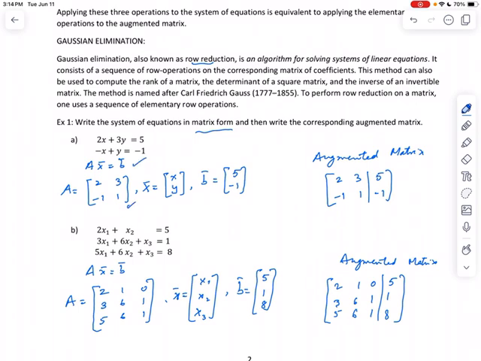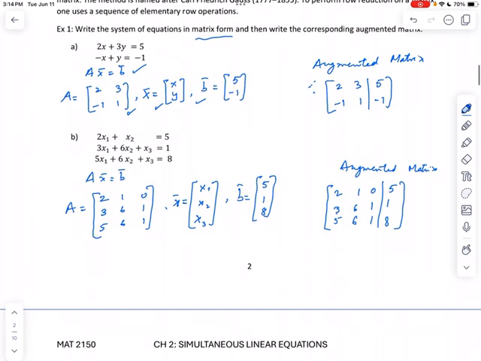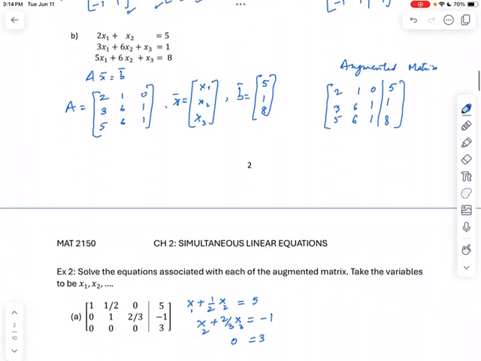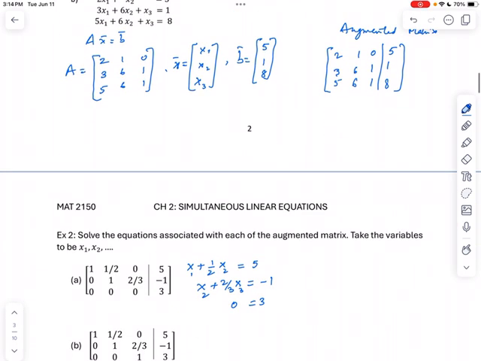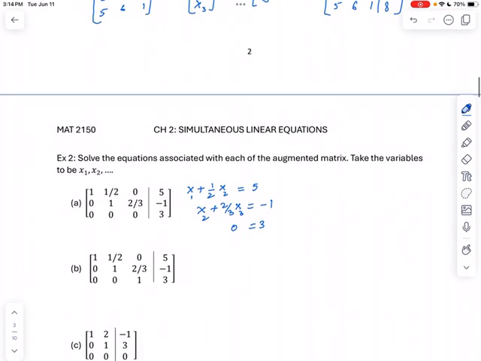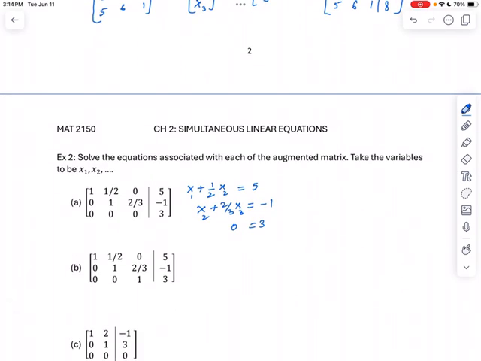So this is the matrix form of the equation, where A is this, X is this, B is that, and the augmented matrix is what you see. So it's easy to write the augmented matrix. Now from the equations you can write the matrix, but also from the matrix you should be able to read the equations. So how do you read it?